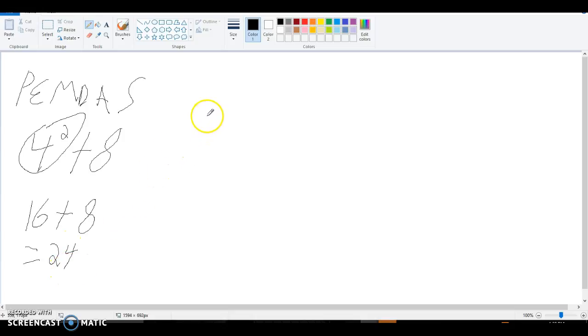So now I'm going to show you a more complicated problem with more parts of order of operations. So we're going to have 4 plus 2 in parentheses, and we're going to square that, and then we're going to add the square root of 25 over 5.